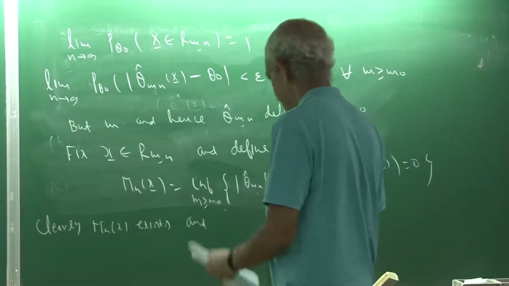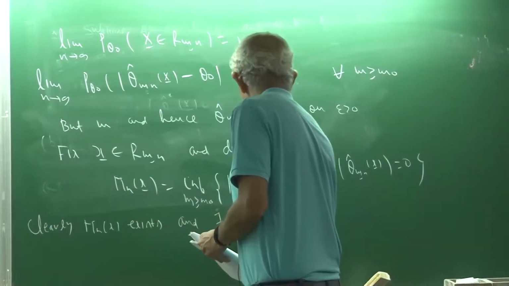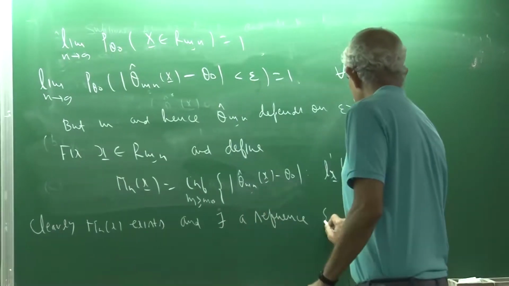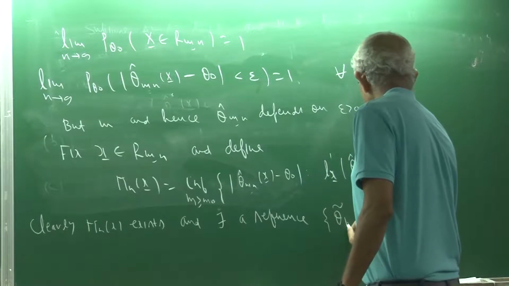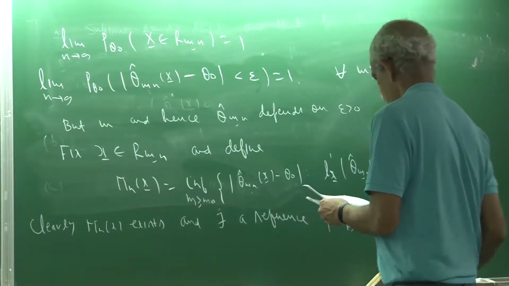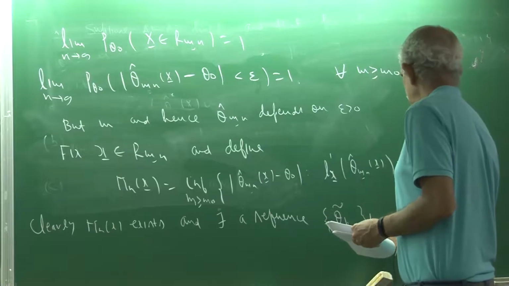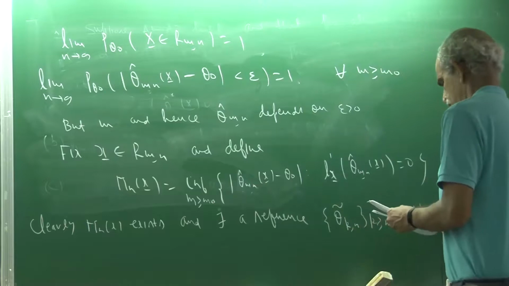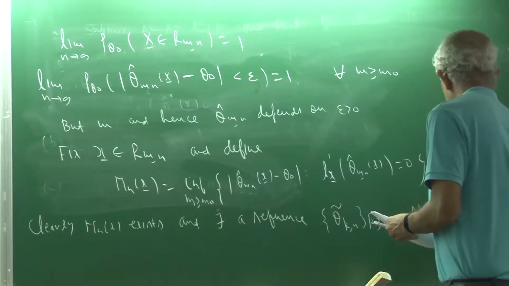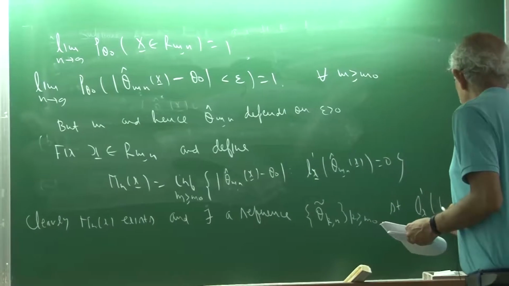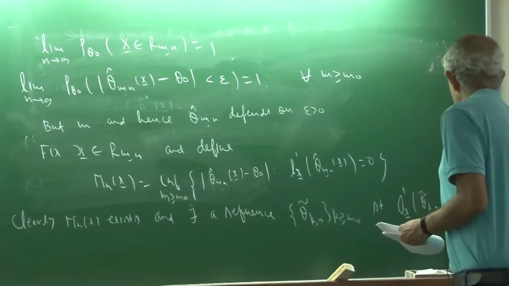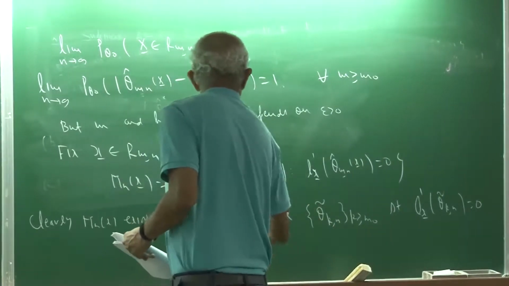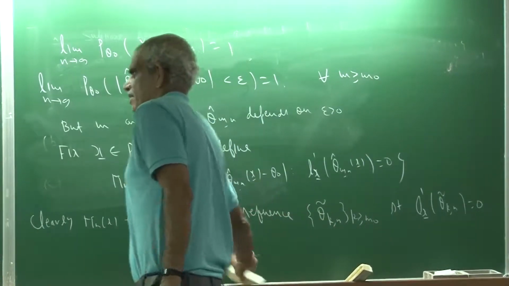So mnx exists, and there exists a sequence, let me call that theta tilde kn, k greater than or equal to m naught, such that Lx prime theta tilde kn is 0, and mnx is the limit of the distance of theta hat kns from theta naught.